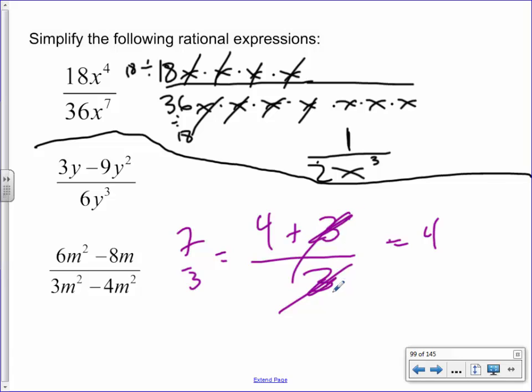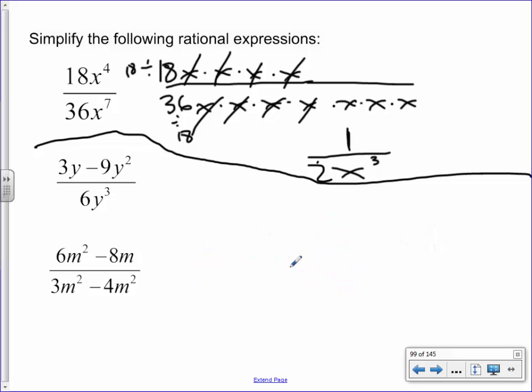Does that make sense? And so a common mistake kids will make here is they'll say, hey, look, here's a 3 and here's a 6, and I'll make that a 1 and a 2. But you can't do that. That makes sense? So we have to use a different skill. The binomial can be factored. 3y minus 9y squared, you can factor this.